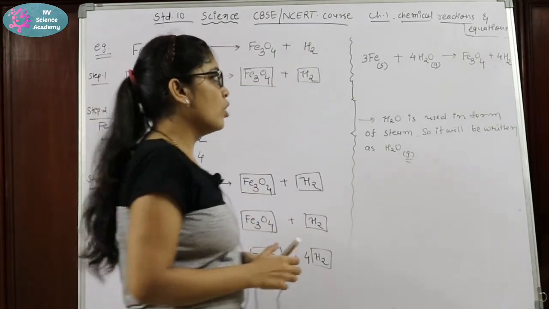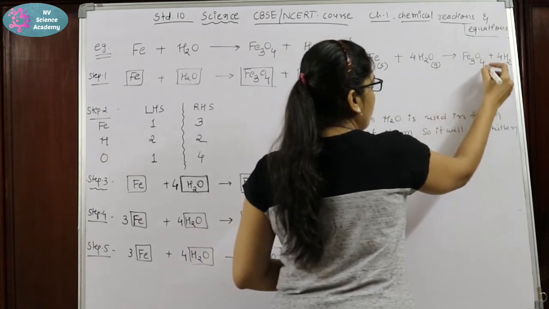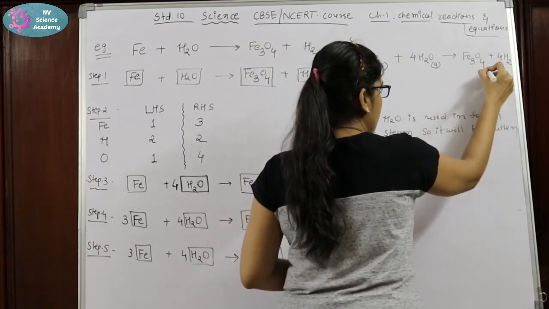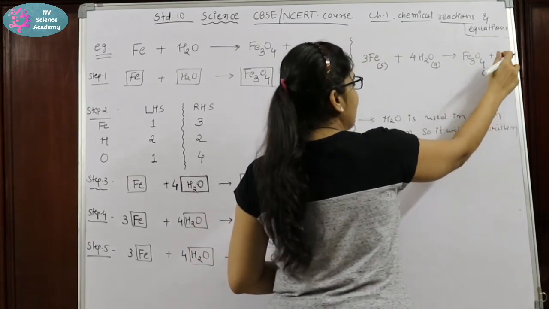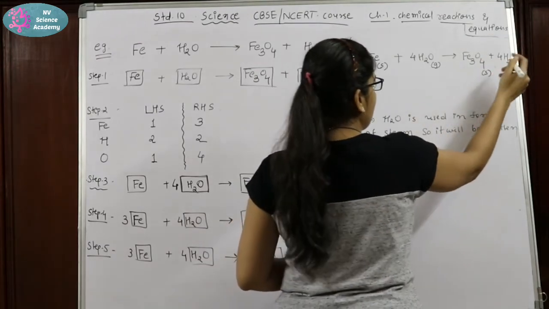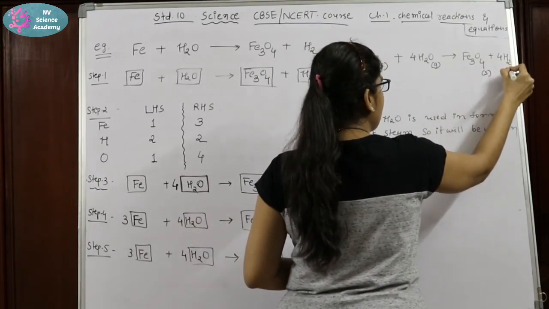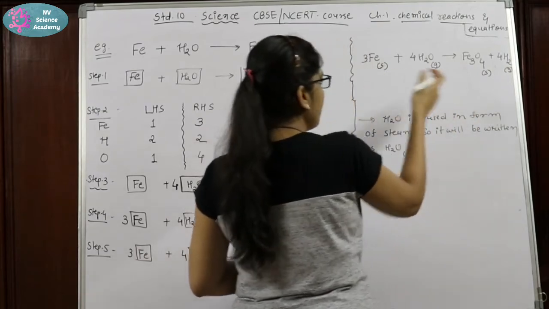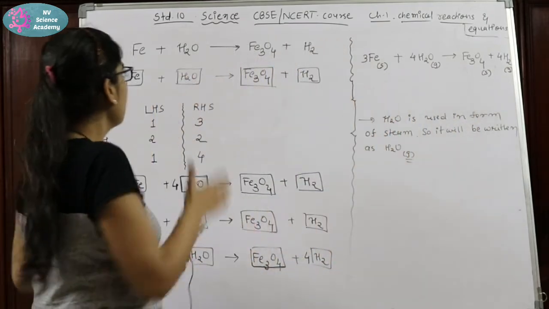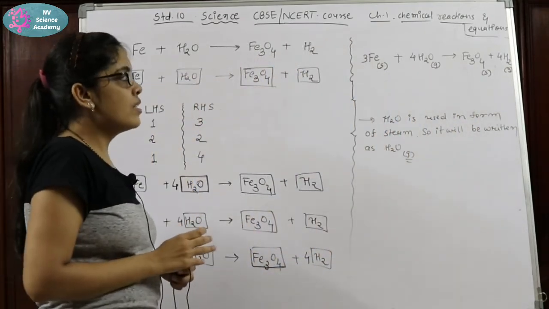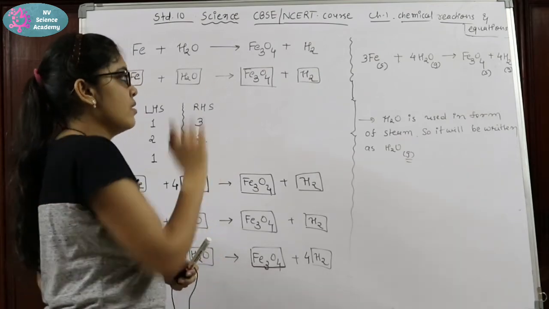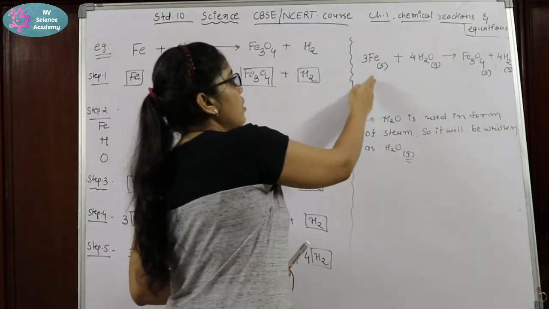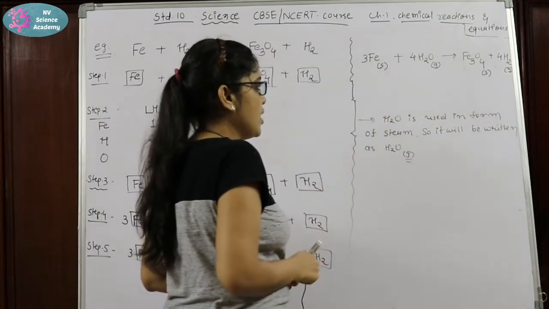This is also an oxide, so Fe3O4 will also be in the state of solid. And last, it is H2, so hydrogen is in the form of gas, so we will write a small g here. So now the given equation is complete, as we have written the physical states.